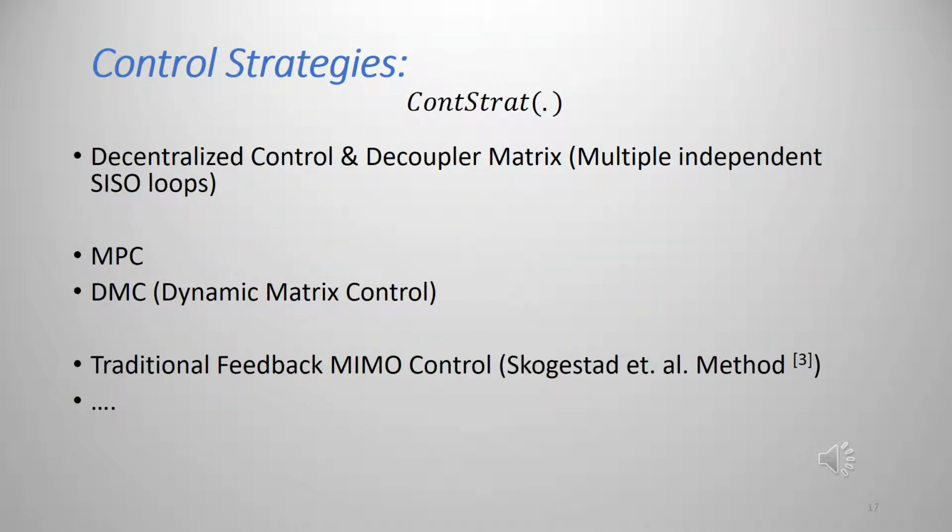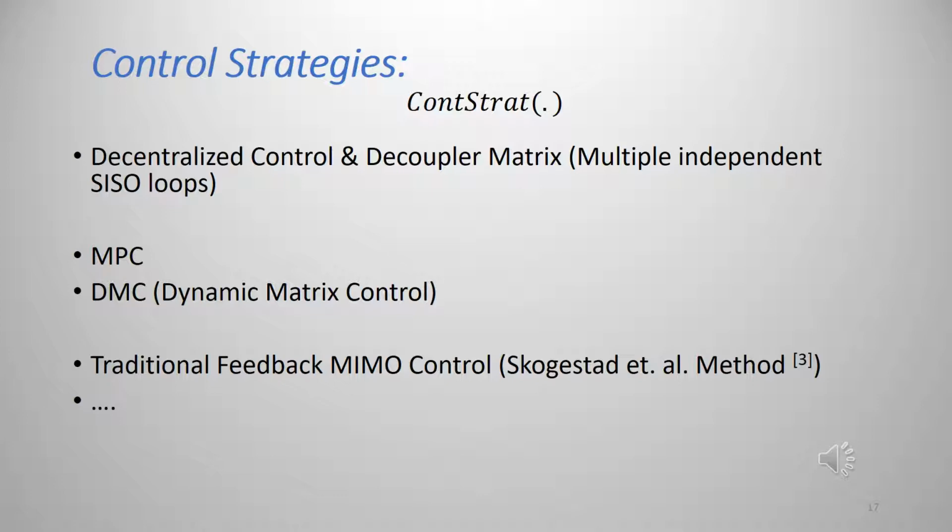Now that we have investigated our pairing strategies, we come to the question of control strategies. There are several control strategies available. One of them is decentralized control, using a decoupler matrix to decouple the system and produce a diagonal matrix for the plant.